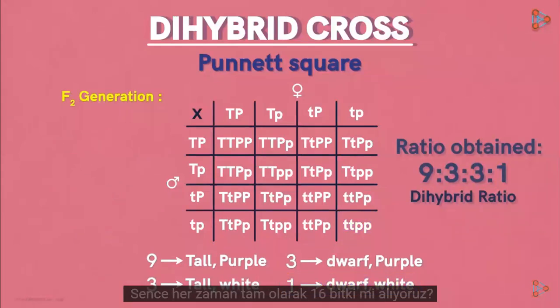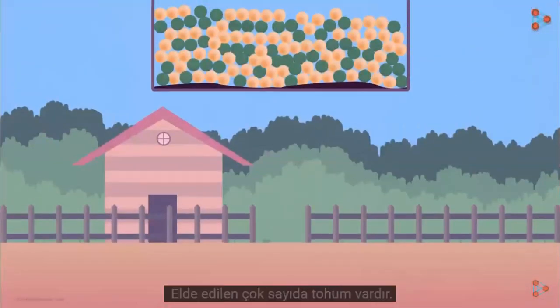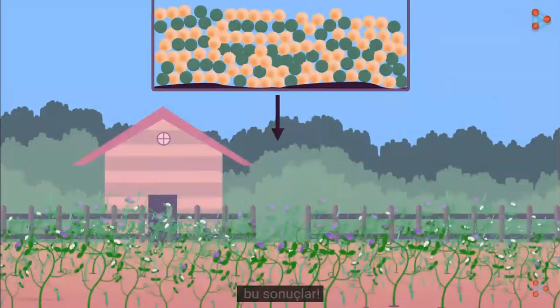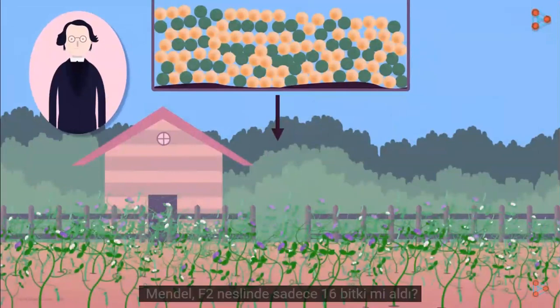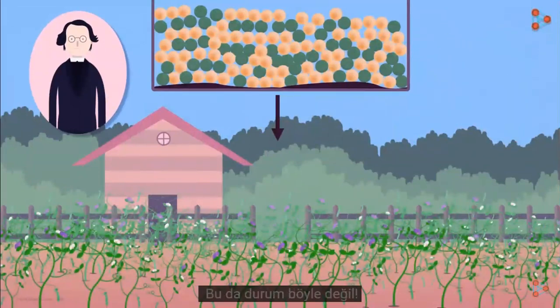Do you think we always get exactly 16 plants in the F2 generation? No, not at all. There are numerous seeds obtained, which are then sown, and plants are grown to observe these results. Did Mendel get only 16 plants in the F2 generation? This is also not the case.